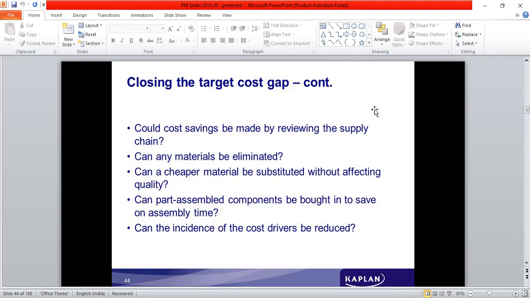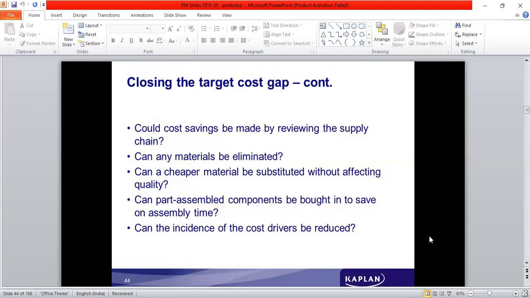So every possible area wherever it is possible for them to cut down on the cost, measures have to be taken, because they have to survive in the market. They have to adopt the selling price prevailing in the market, work out the profit margin, deduct the profit margin, and arrive at the target cost price.